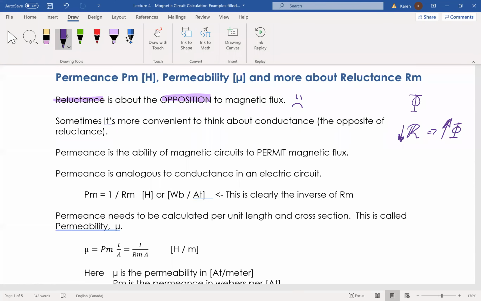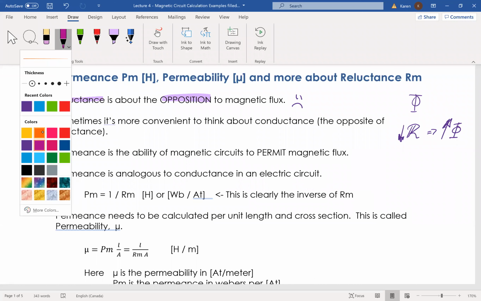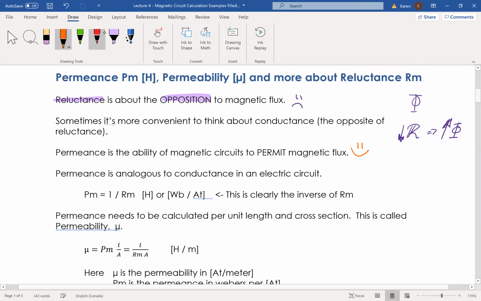And permeance is how much we welcome the establishment of magnetic flux. So that's called permeance. It's how much we welcome it. So it's the same thing, but it's looking at it from the opposite point of view. It's the ability to permit magnetic flux. It's saying, yes, I want that magnetic flux.